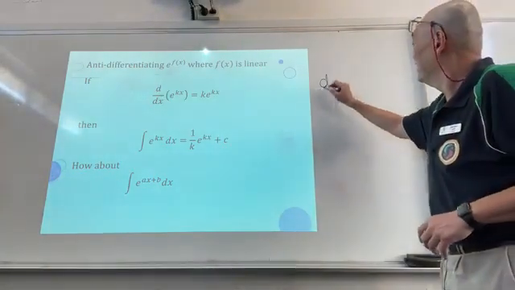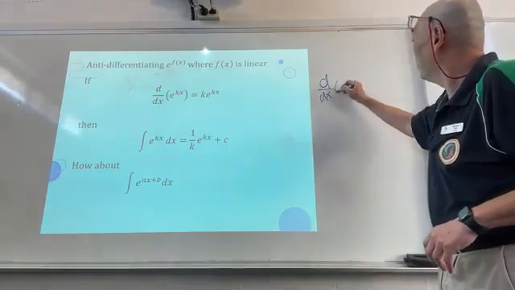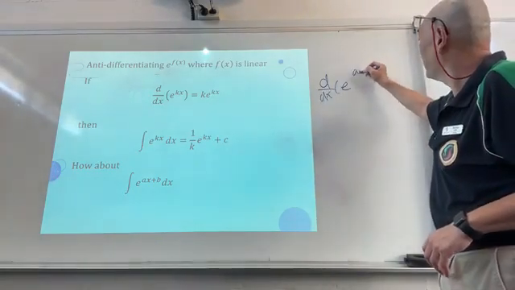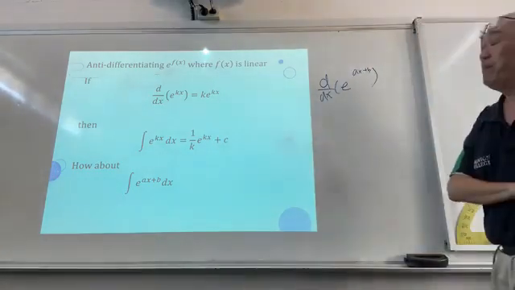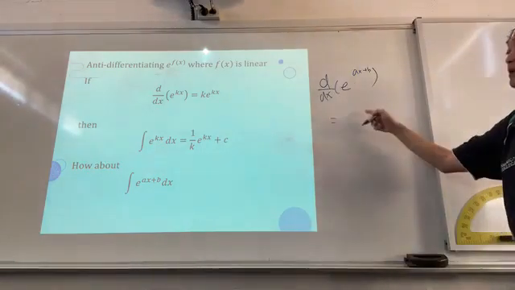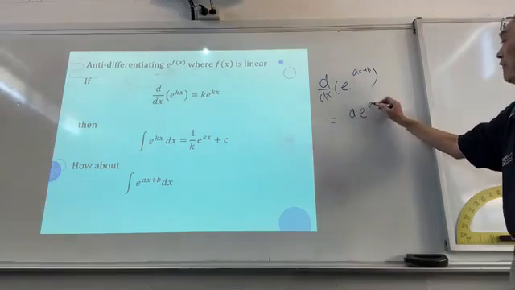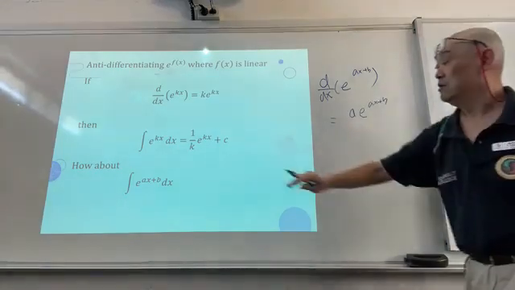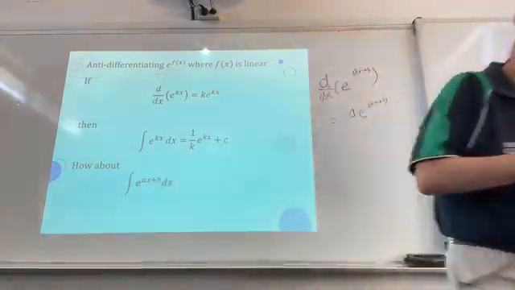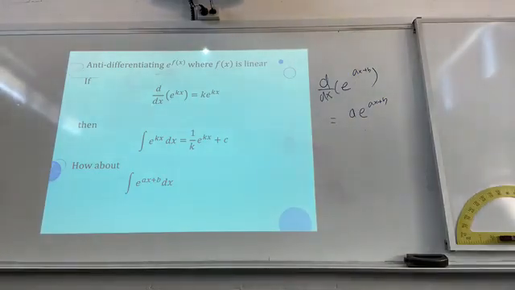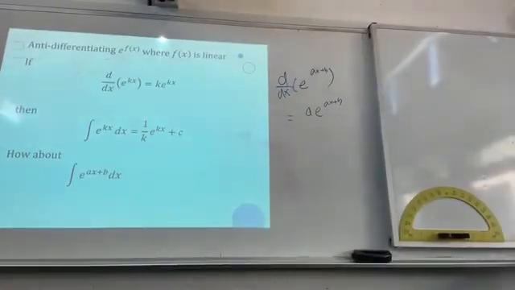If I differentiate e to the power of ax plus b, that will give me e to the power of ax plus b, correct? So what do you need to do when integrating e to the power of ax plus b dx?